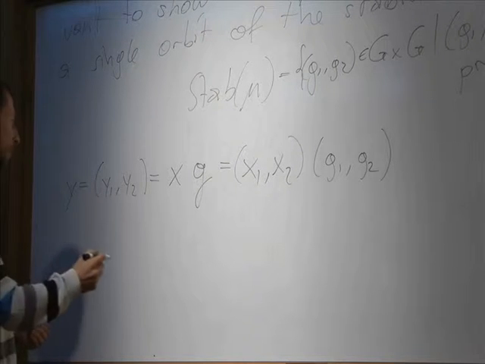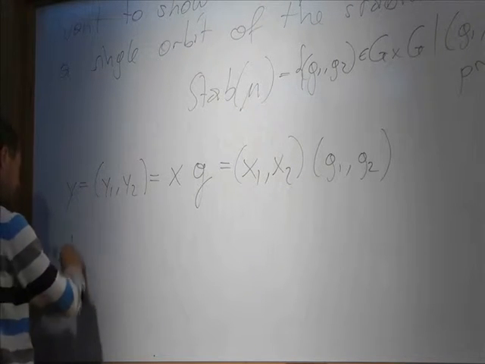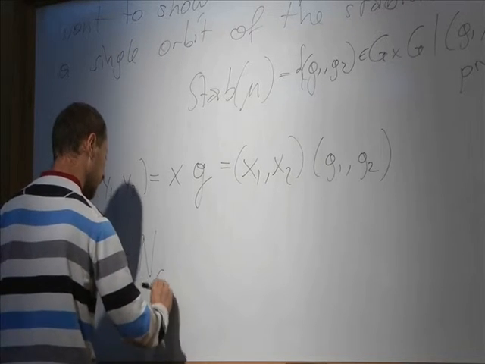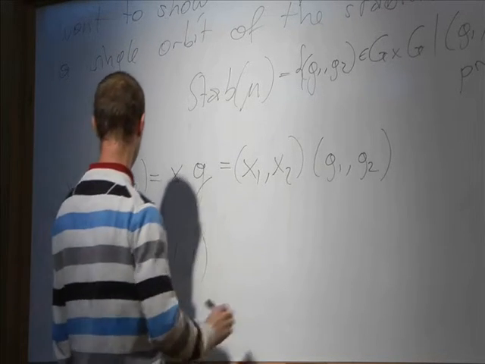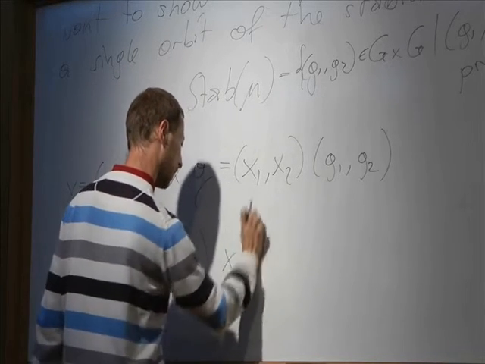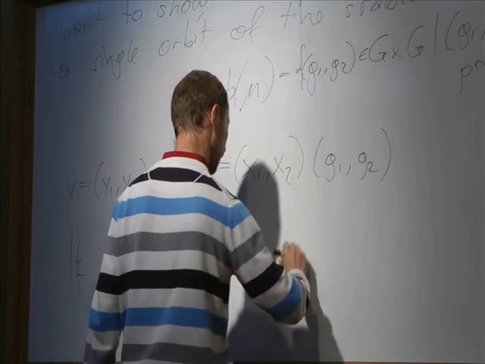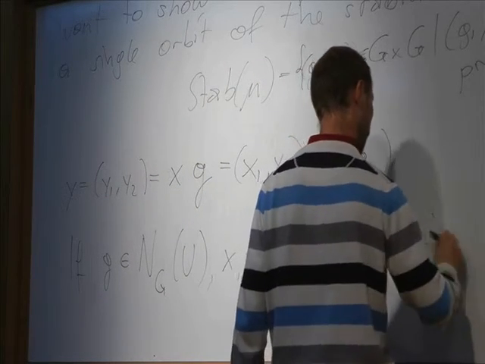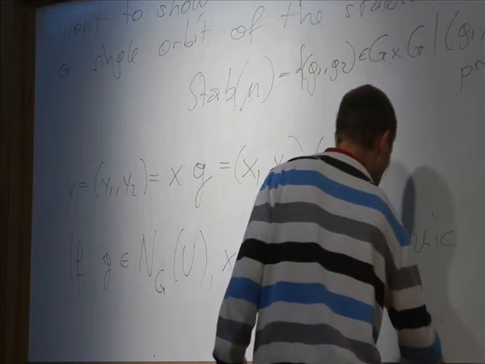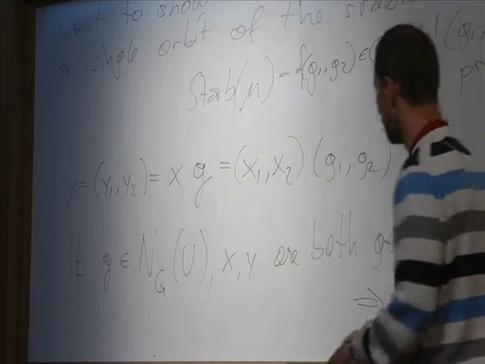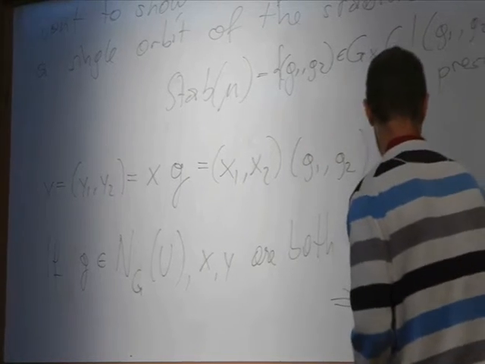And if g is in the normalizer of the group U and x and y are both generic, then we get that g is in the normalizer of U, in the stabilizer of the measure.